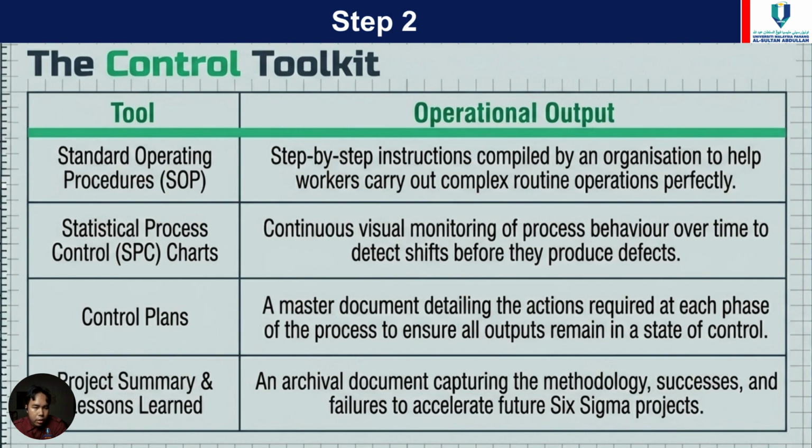After we give the solution process, it must be followed by a new SOP because a different solution has been implemented. So the new SOP must be followed by the workers. And an SPC is a continuous visual monitoring of process behavior over time to detect shifts before they produce defects.